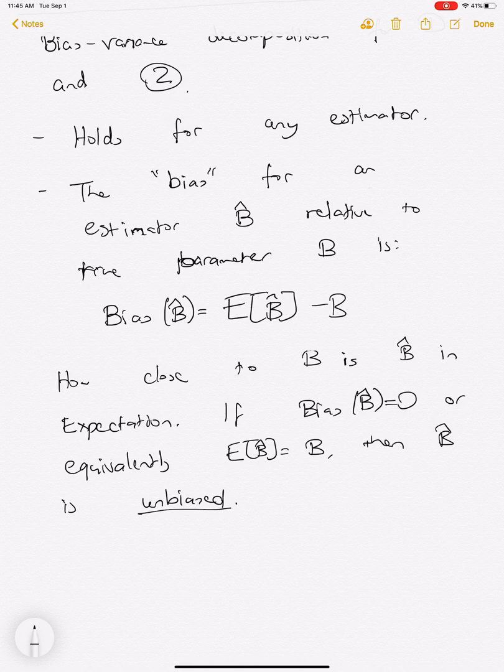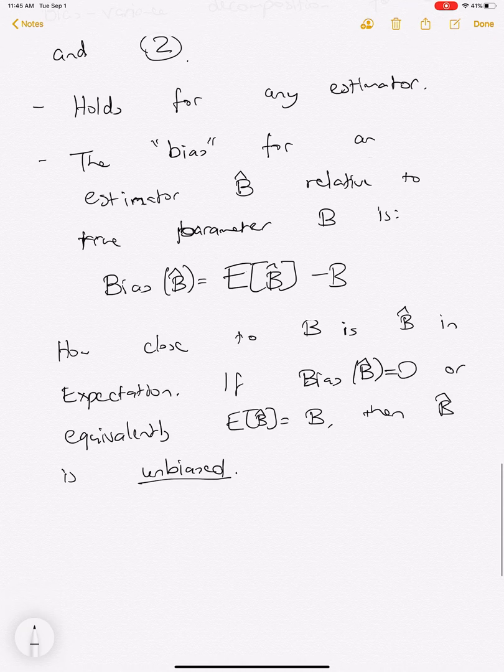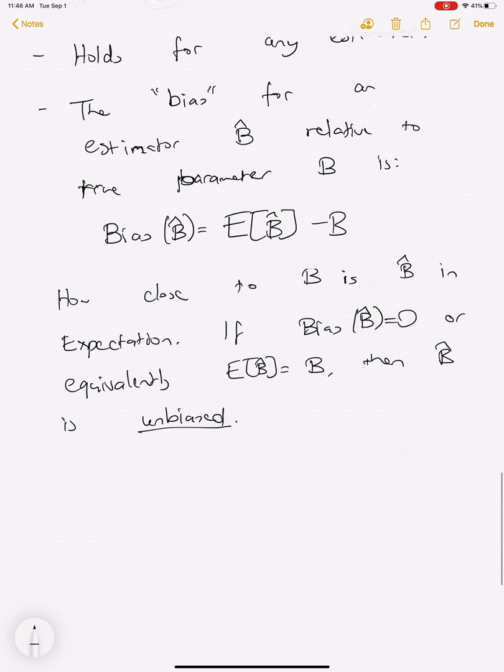And you might view unbiasedness as generally a good property. We'll see that it is good sometimes, but actually it's not always that good, and we'll see why throughout the course. We'll see that the least squares estimator often is unbiased, but there are other estimators that are not, that are actually very good. And the reason why is because of this next quantity, which is the variance.